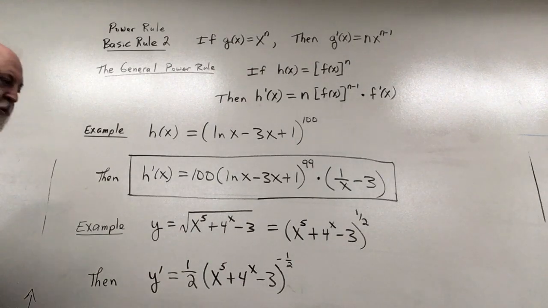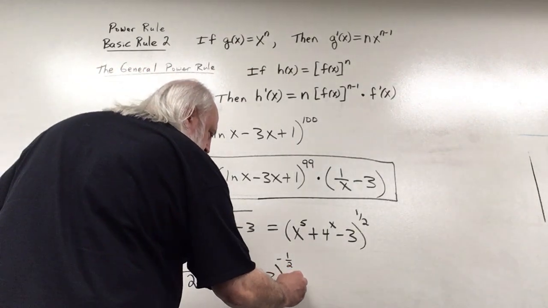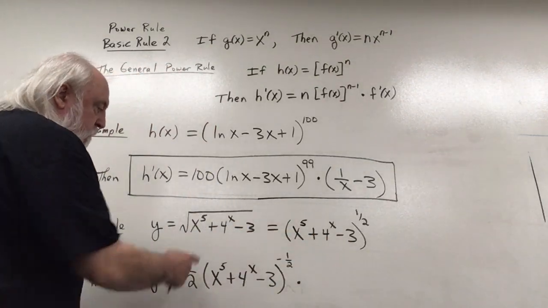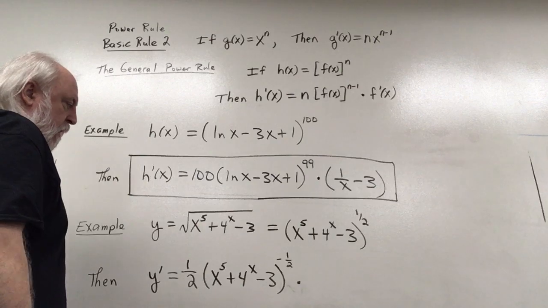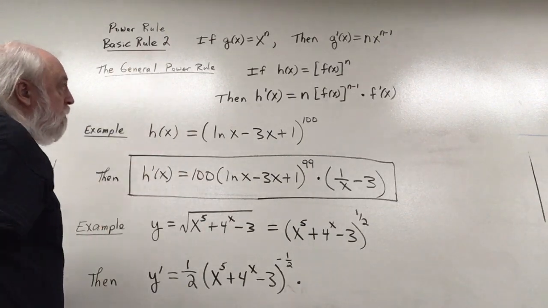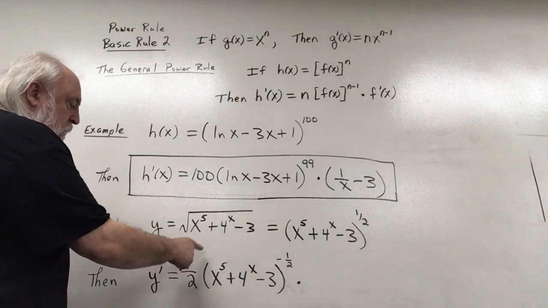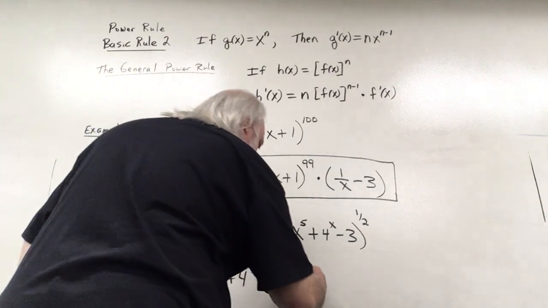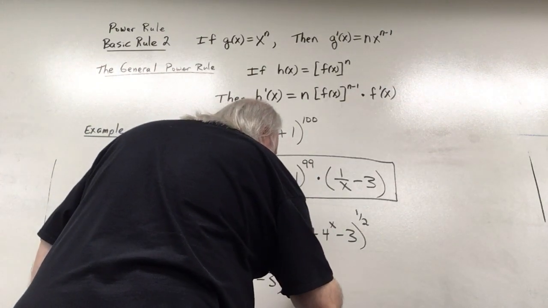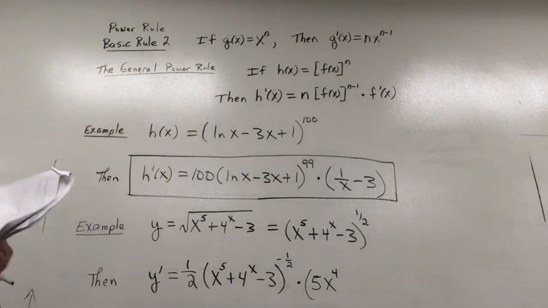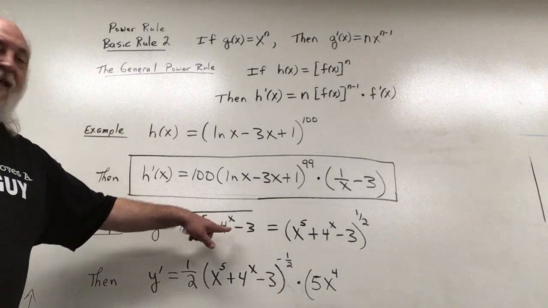And then we have to multiply all this by the derivative of what's inside the parentheses here, or what's under the radical. Well, the derivative of x to the 5th by the power rule, basic rule 2, is 5x to the 4th. And we add to that the derivative of 4 to the x.